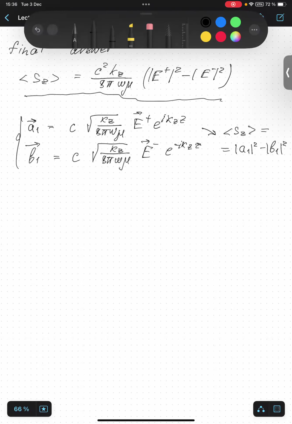So now, for simplicity, let's consider only TE waves. As you remember, we have only a y component of the electric field in such a situation. So let's rewrite it. Ey for the first region.